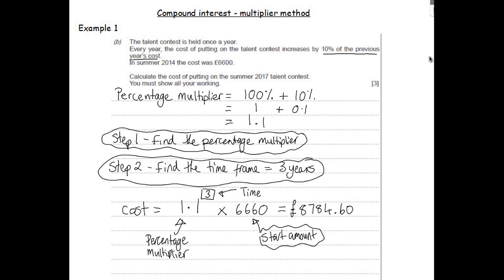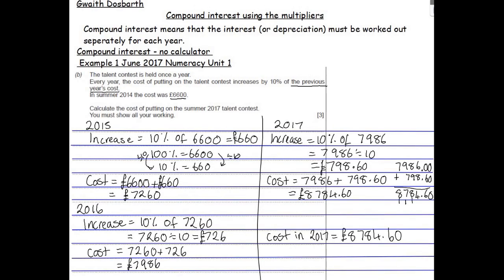I'll take you straight to that. Now I want to go through why that is. If we look at this example here, using our knowledge of percentage multiplier, we know that we could technically find this cost here by multiplying 6,600 by 1.1. That would be your percentage multiplier.